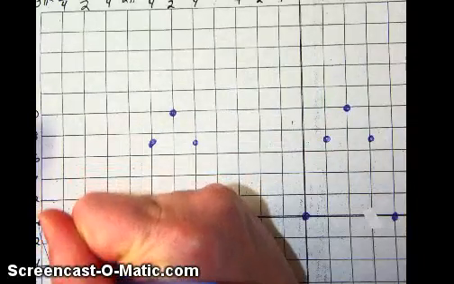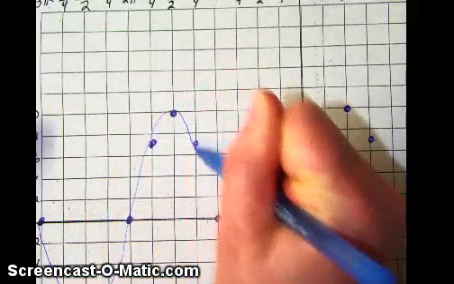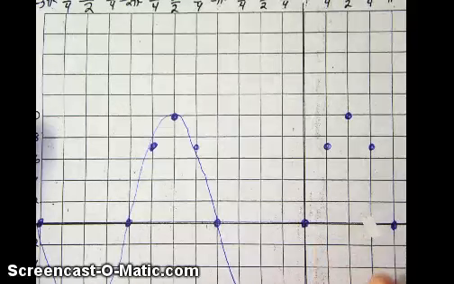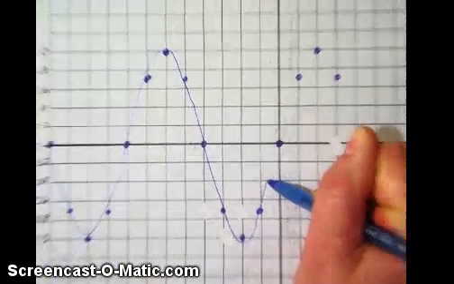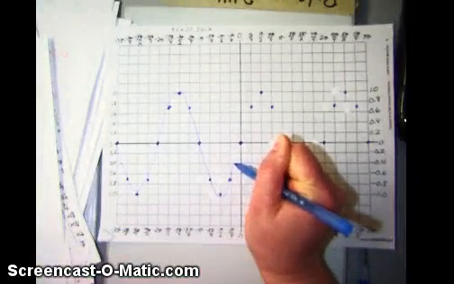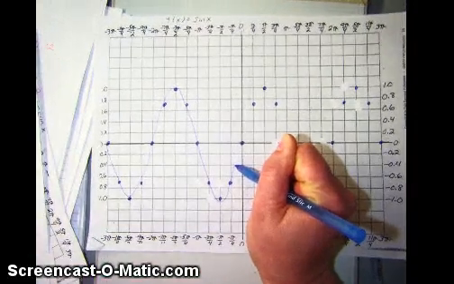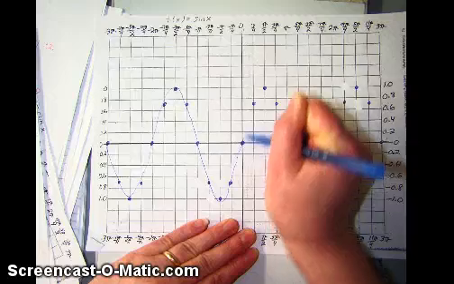Don't make them pointy. Oh, I missed a dot. Oh, you can't see what I'm doing. Maybe I should zoom out. There we go. Focus. Okay, smooth curves.